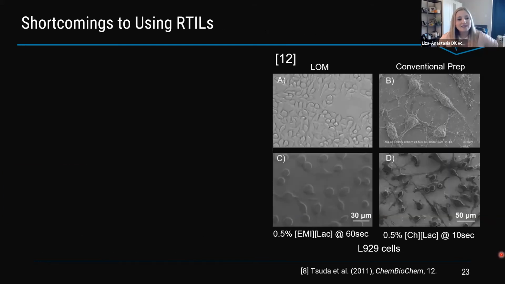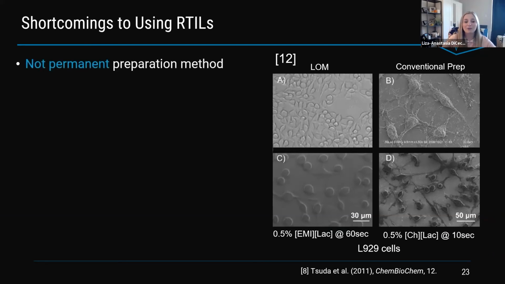So to date, I've been talking about ionic liquids and all the great things they can do, and it probably sounds like I'm selling snake oil at this point, but there are some shortcomings to using ionic liquids. This is something everybody should be made aware of if you're trying to explore this. The first key thing is it's not a preparation method. When you're using this as a treatment, you can normally get only a few days of life from these samples before they may start to degrade because you're keeping them in this wet state.